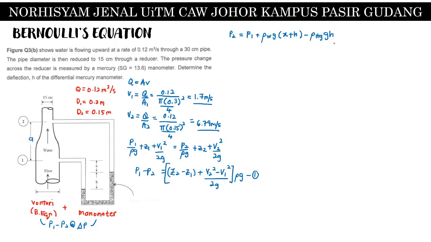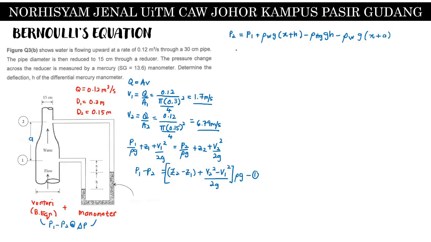So we will try and do this. We minus rho water g, and then this will be x plus a. Okay, so we get this full equation here.